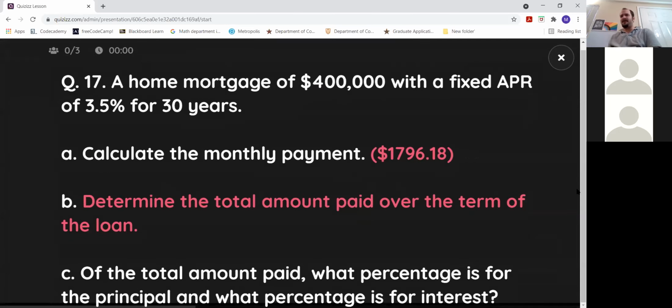Now we want to know the total payment amount if we're doing it for 30 years. And so this one should be to the nearest cent. You should be able to give me like an exact amount on this thing, I think.